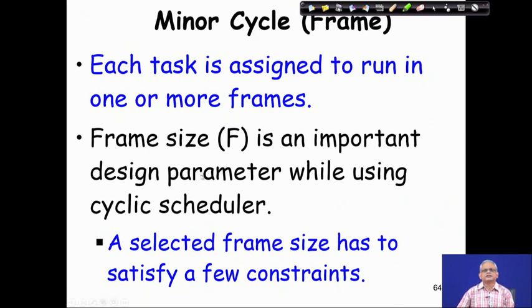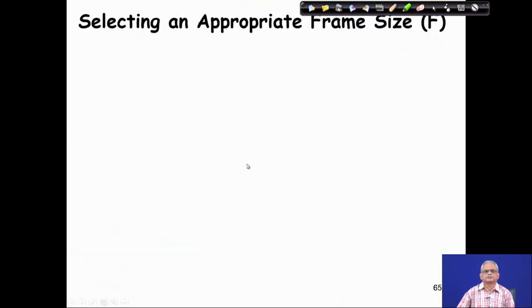The first two are easy to check, that whether the frame size divides the major cycle squarely or not. The second one is also easy, that the frame size must be larger than the largest task size, but it is the third constraint which requires us to do some thinking. That is, there must be a clear frame between the release of a job and its completion.